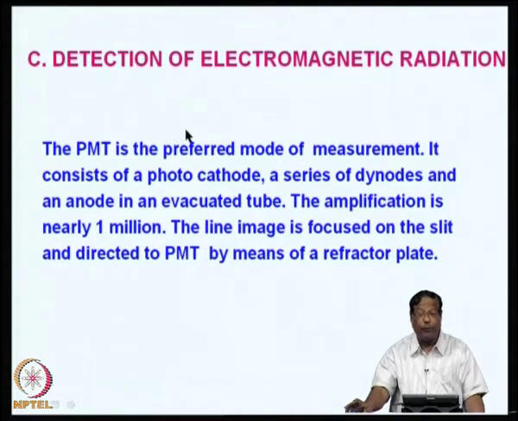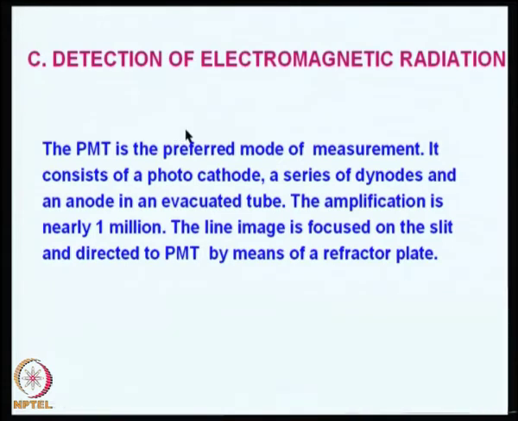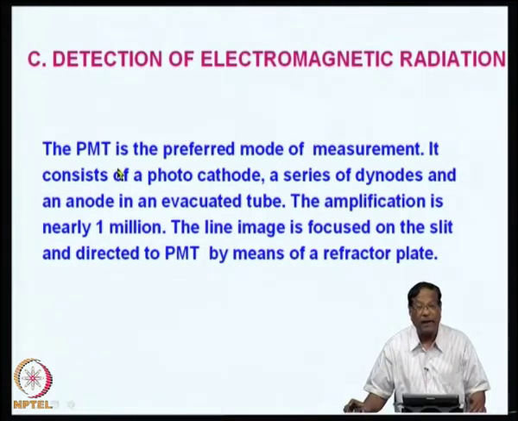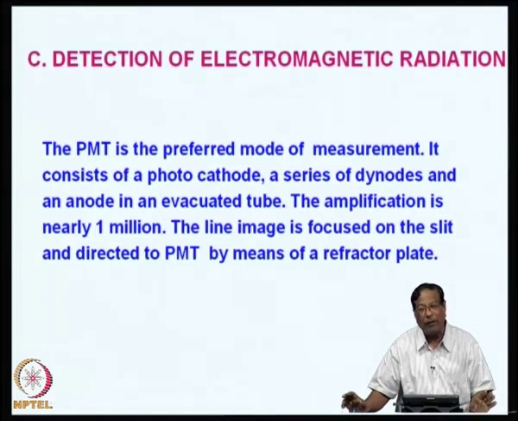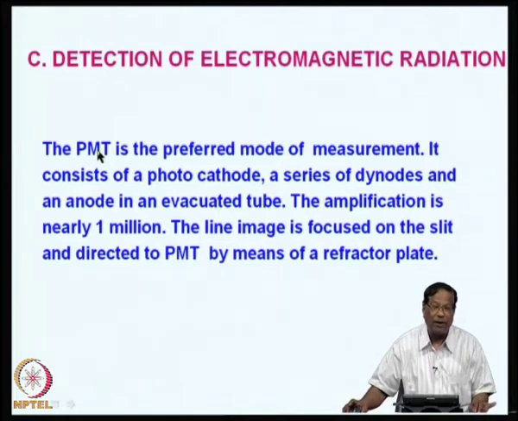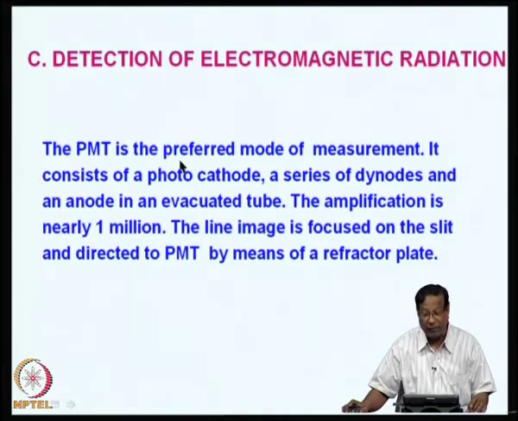So, now let us come to the detection of the electromagnetic radiation. The best way to detect is photomultiplier tubes, and we have discussed it a number of times in almost all instrumental techniques. Photomultiplier tubes have been used, and that is the preferred mode of measurement.